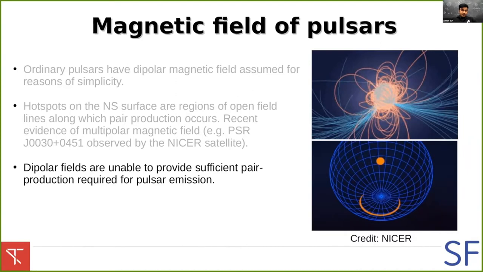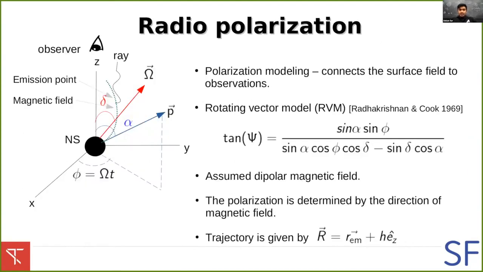Moreover, dipolar fields are unable to explain the sufficient pair production required for this pulsar emission, because they have a much shorter radius of curvature. Now, one of the key methods to connect the surface magnetic field to observations is polarization modeling. The pioneering theory in this field is the rotating vector model proposed in 1969, which predicts the position angle using the projection of the magnetic field onto the sky plane.